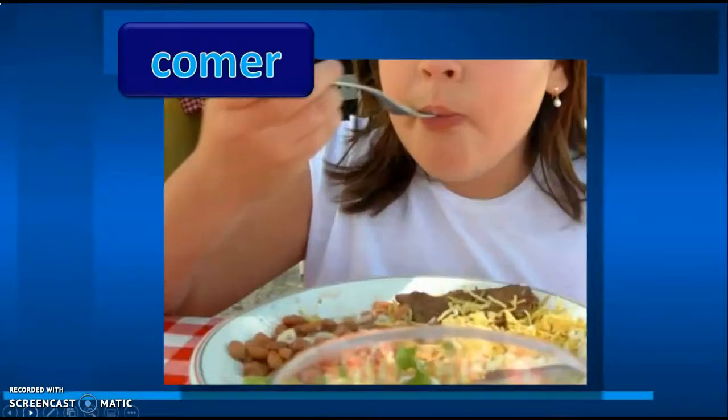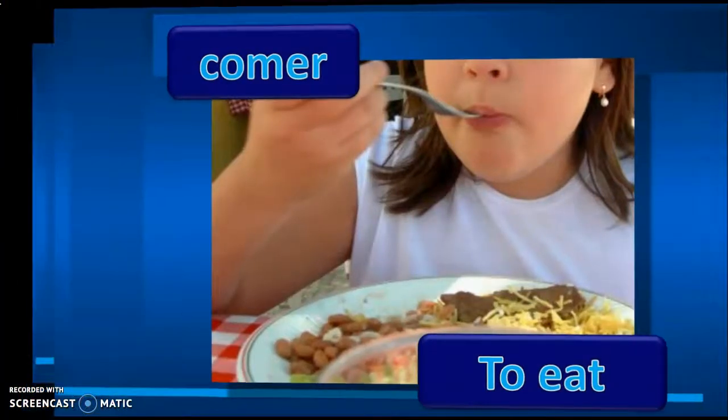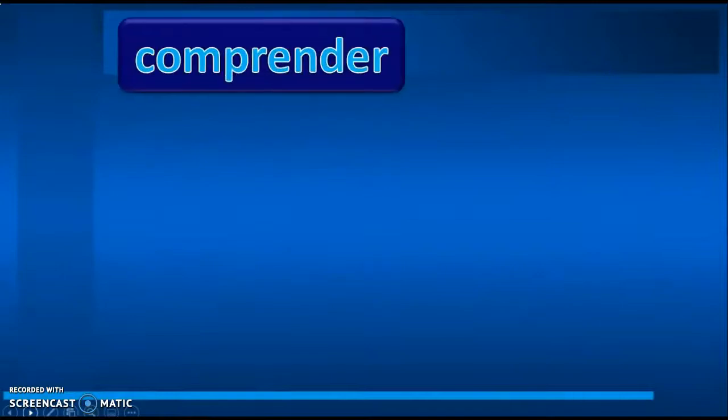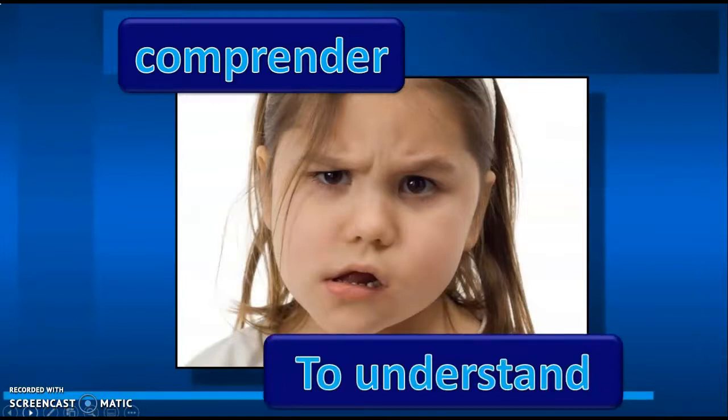Comer, to eat. Comprender, to understand. Looks a little bit like our word comprehend.